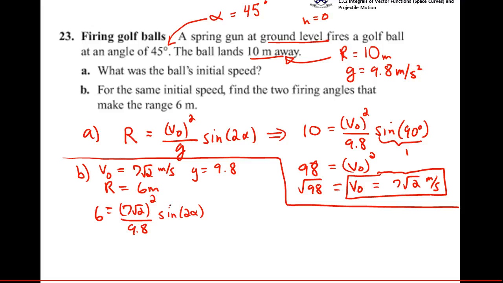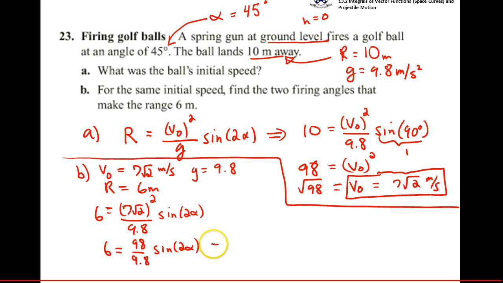Now, 7 root 2 squared is exactly 98, so we have 98 divided by 9.8, which is just 10.